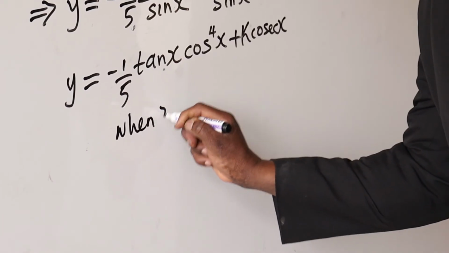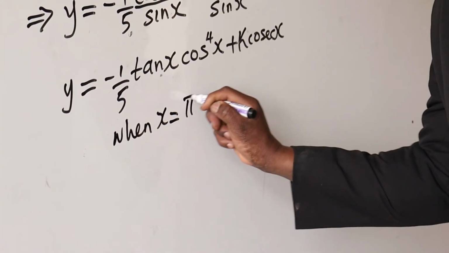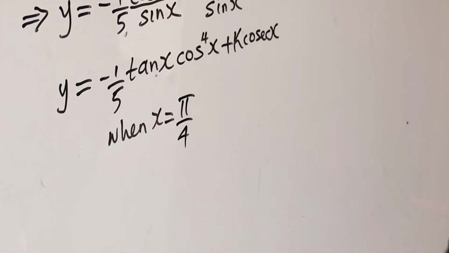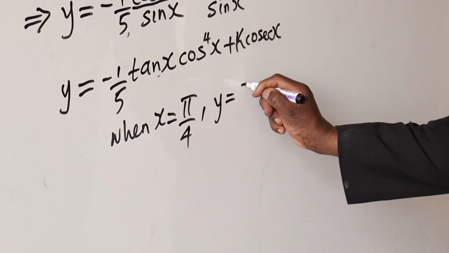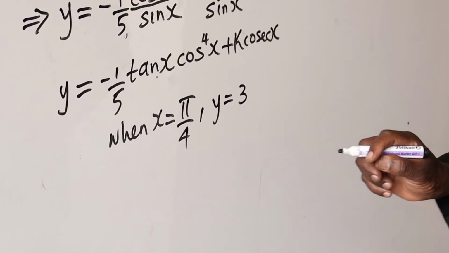Now, when x is equal to pi all over 4, y is equal to 3.